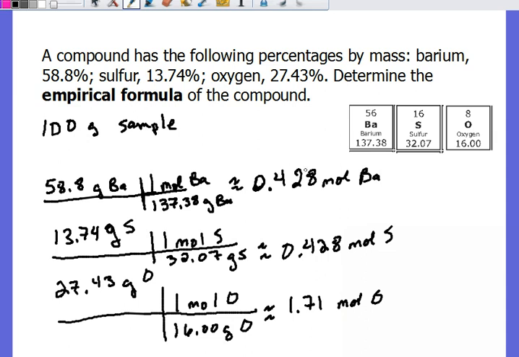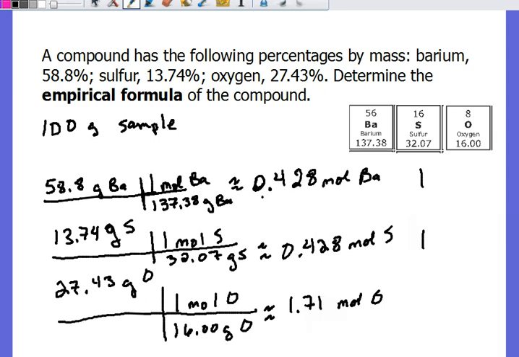Alright, so then you convert these to the approximate number of moles, and then you're going to divide all three of these by whichever one is the fewest number of moles. So I have two that are both the lowest, so I need to divide these by 0.428. If I divide this by 0.428, that's approximately 1, and this one is the same, 1. Now I need to divide this one by 0.428.